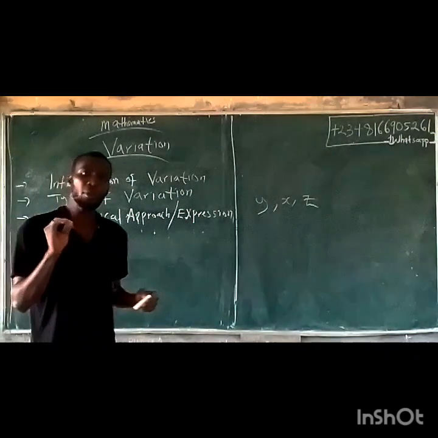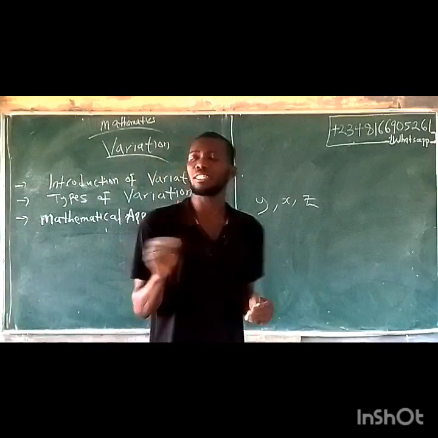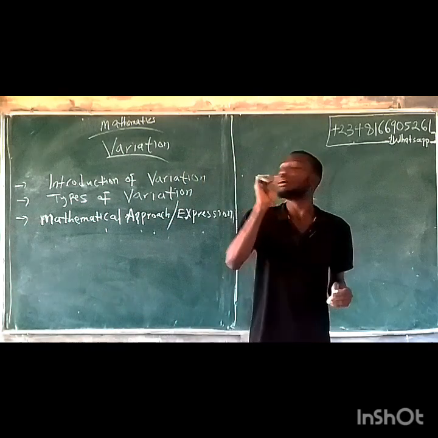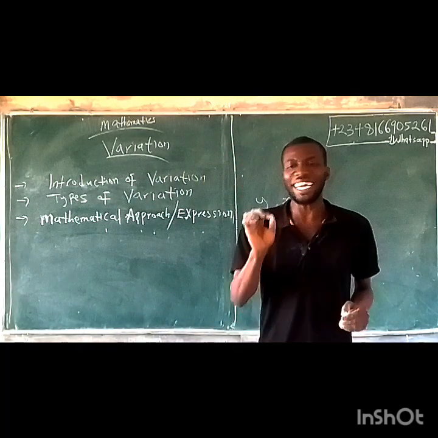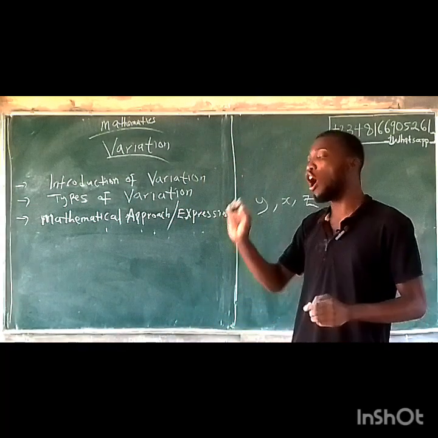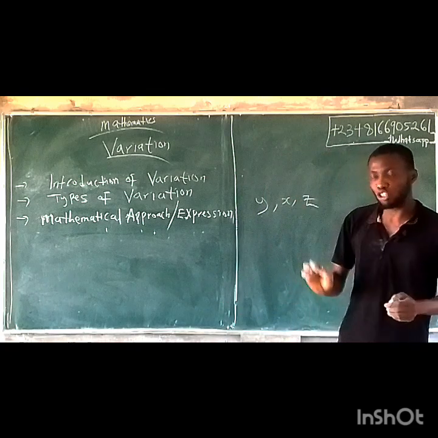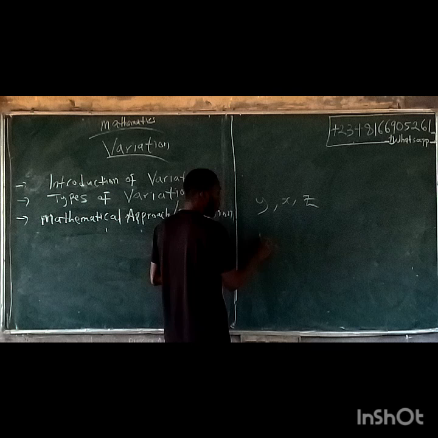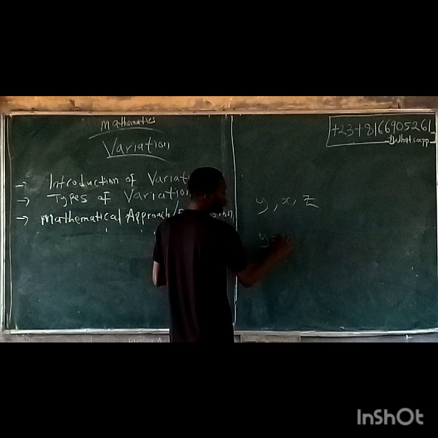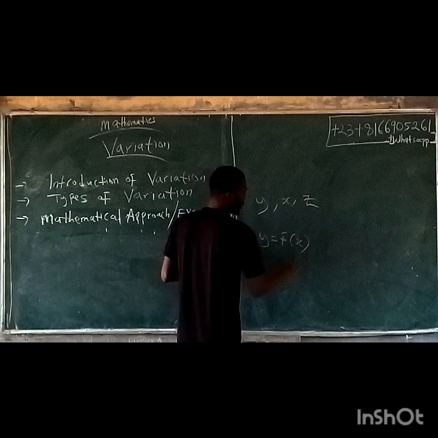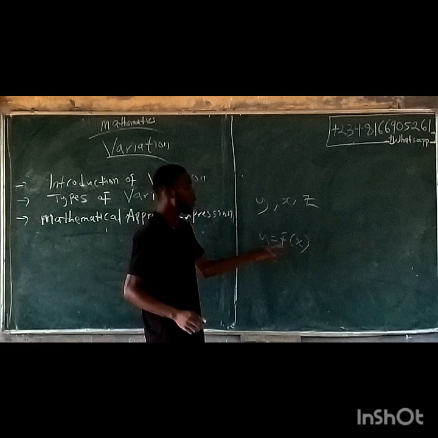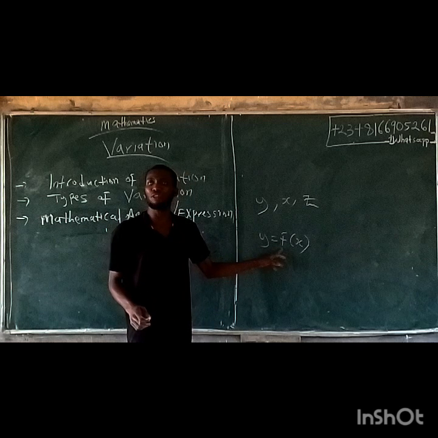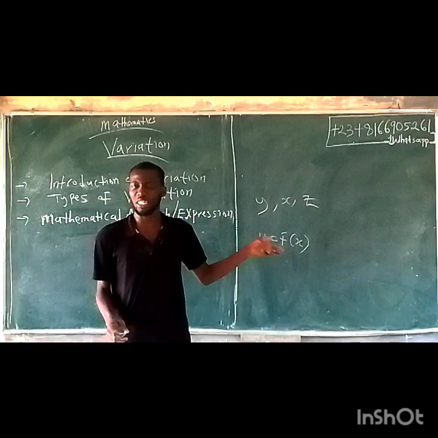Now, before I use a case study, we can also say that variation is a function of the variables. For instance, where we have something like y equals f(x). The f there is just like the constant.